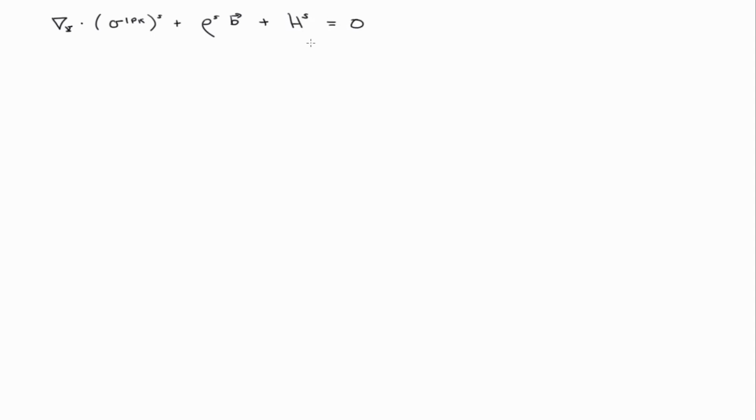I'm going to talk about what HS is in just a second. So we're writing down a momentum balance on the solid, and then we're going to write down a momentum balance on the pore fluid.